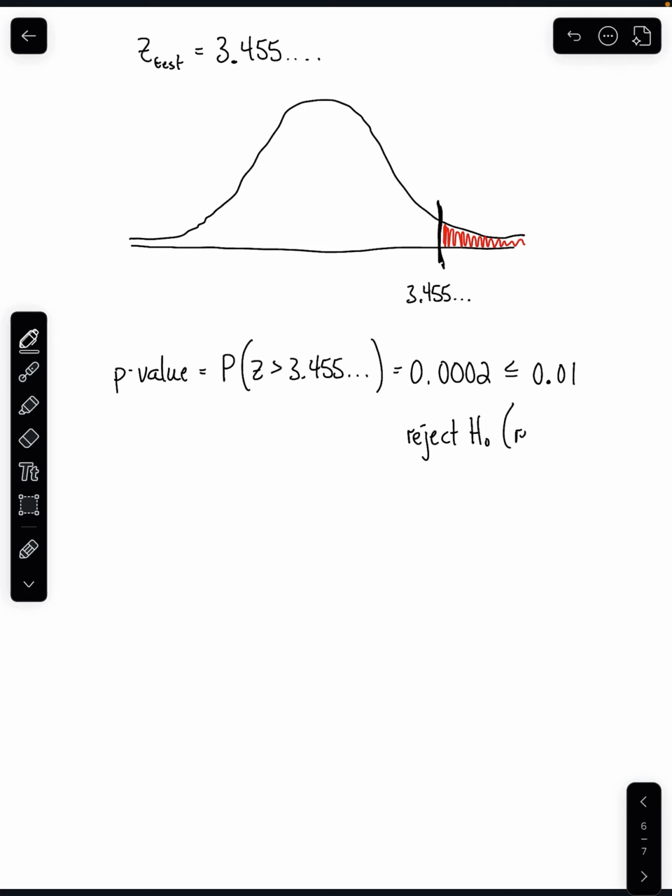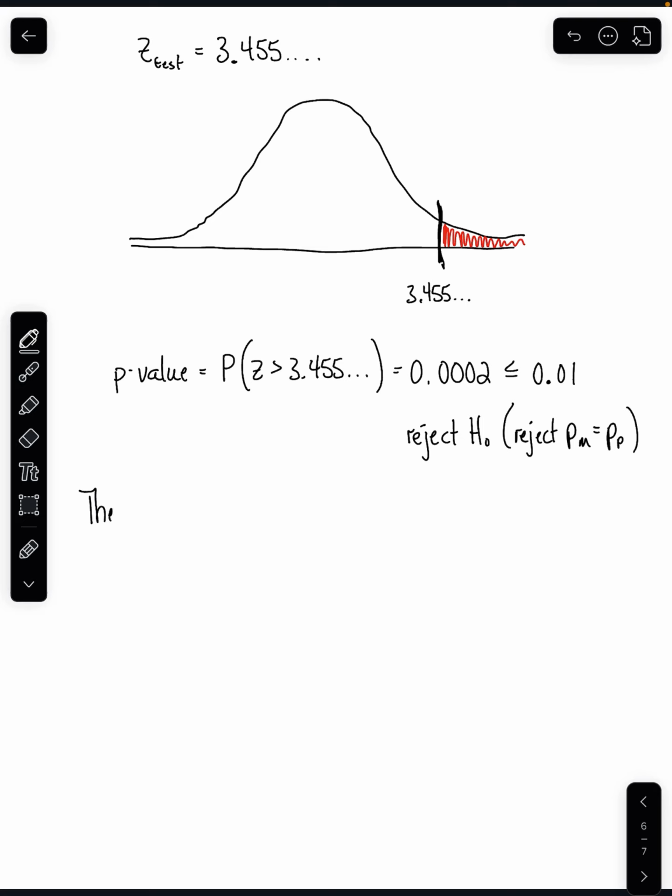Remember, we are rejecting then the idea that the proportions are the same. We are rejecting the idea that the proportion of people who received the medicine and had their cholesterol reduced is the same as the proportion of people who got the placebo and had their cholesterol reduced.